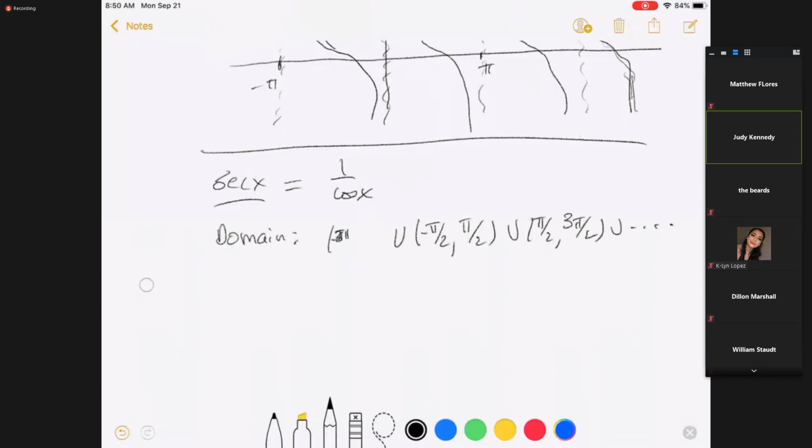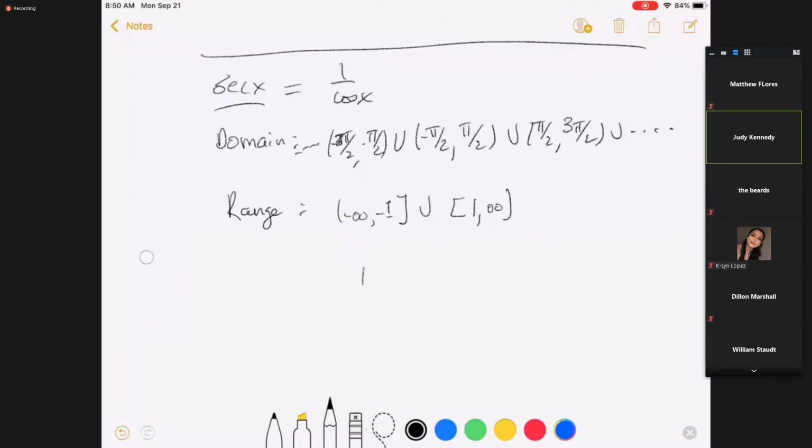Minus 3 pi over 2, minus pi over 2. Okay. And range, okay, well, it's 1 over the cosine, so it can't possibly take values in between -1 and 1. Its range is minus infinity up to -1, union 1 to infinity.